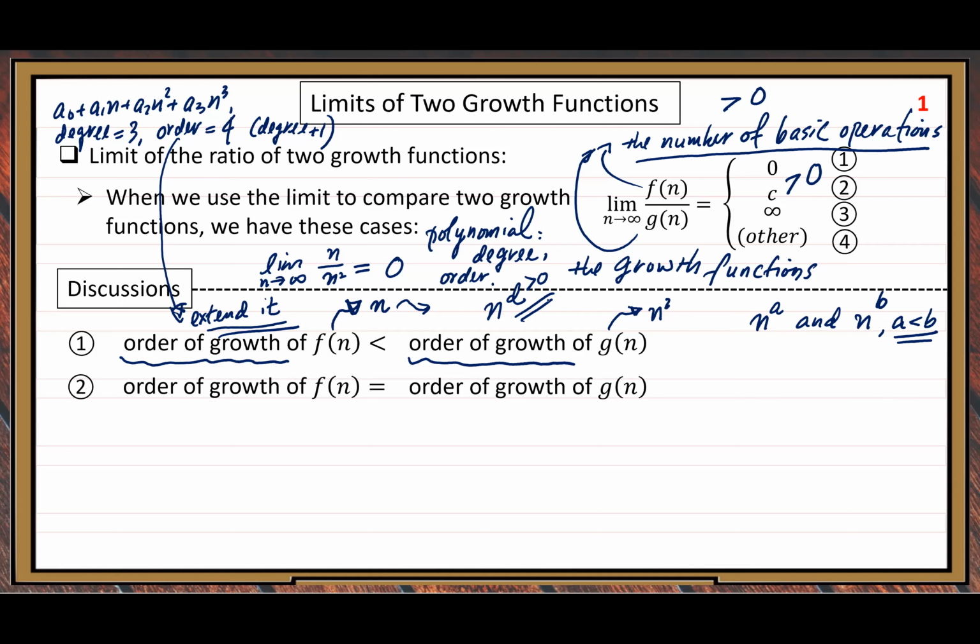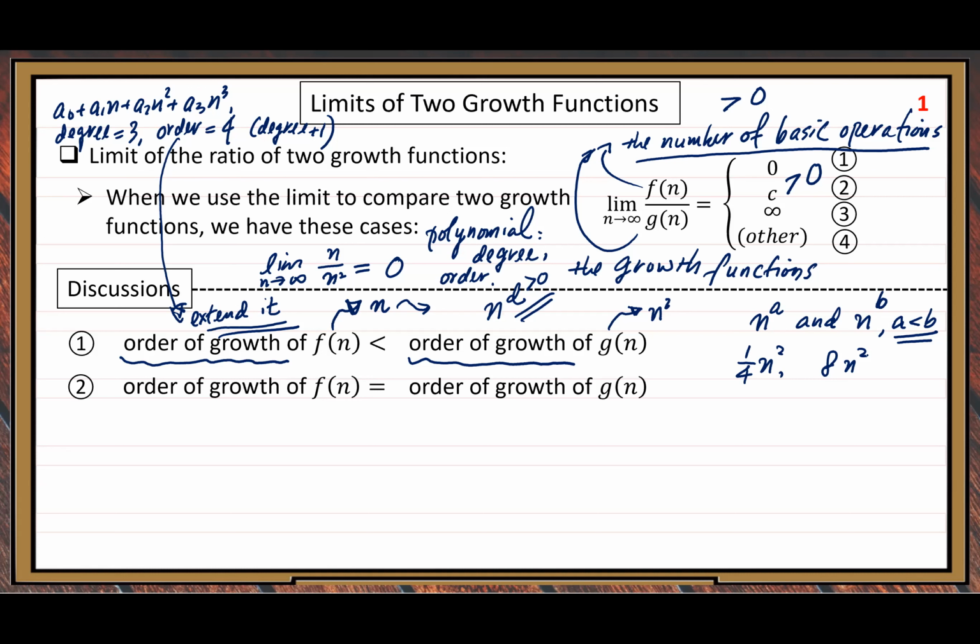Think about if the first one is, let's say, 1/4 n squared, and the second one is a n squared. Only their coefficient part is different. The difference of these two numbers could be relatively big, but it doesn't matter.